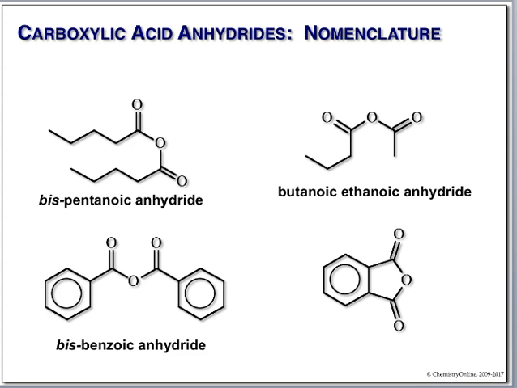The easy way is to say, well, what would this be if this was an acid, a diacid? 1,2-benzene dicarboxylic acid has the name of phthalic acid. So therefore, this is phthalic anhydride. Again, it's a combination of old nomenclature, but it is totally accepted by IUPAC.